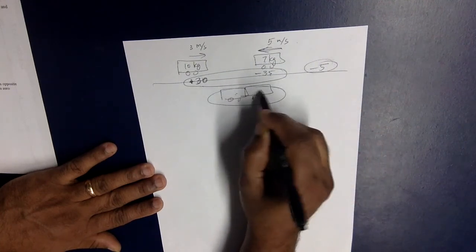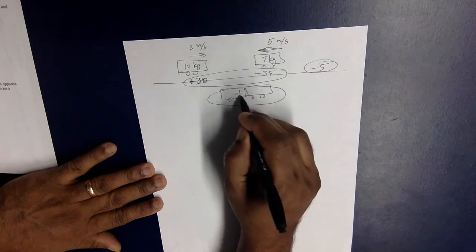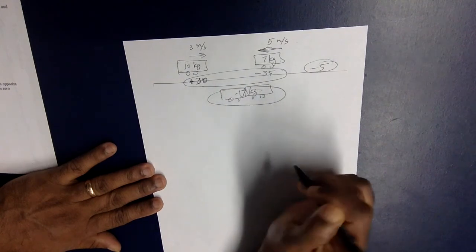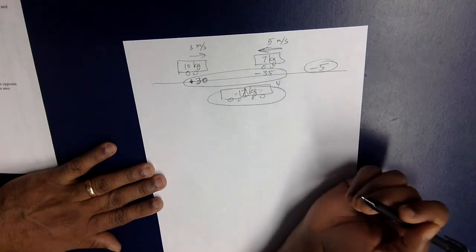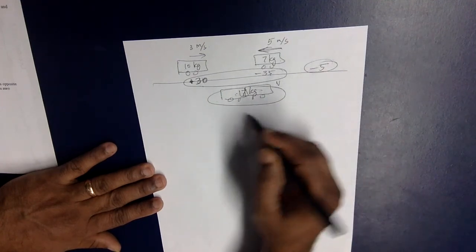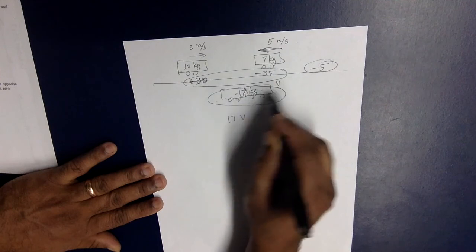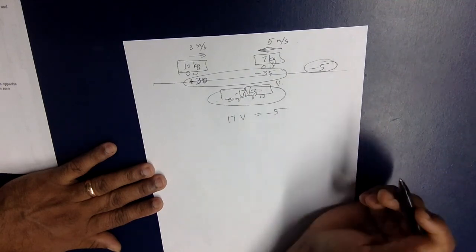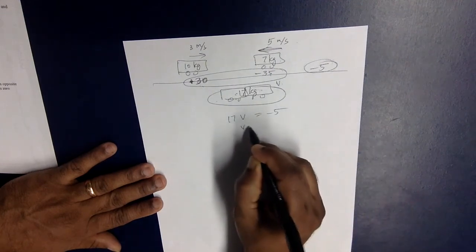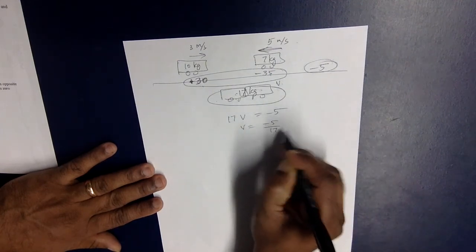So the total mass is going to be 10 plus 7, 17 kilograms, moving with some speed we don't know. So 17v, 17 times how fast it's going, should be equal to minus 5. So v will be minus 5 over 17.